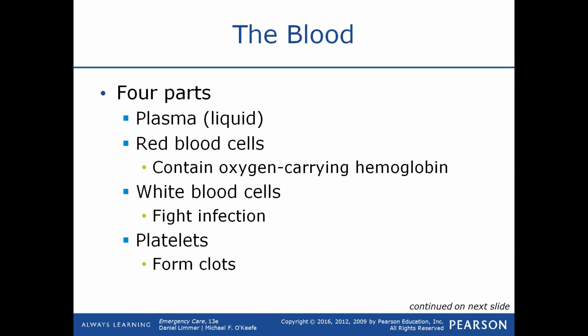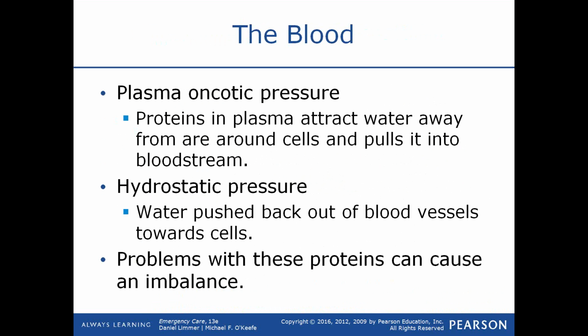Some are more prevalent in the first stages of an infection, whereas others are more prevalent on the back end of the infection. Platelets are responsible for helping you form clots. Platelets have very irregular fingers. They have a tendency, when they get together, to stick and help form this base for rich red fibrin to weave through in order to form a clot.